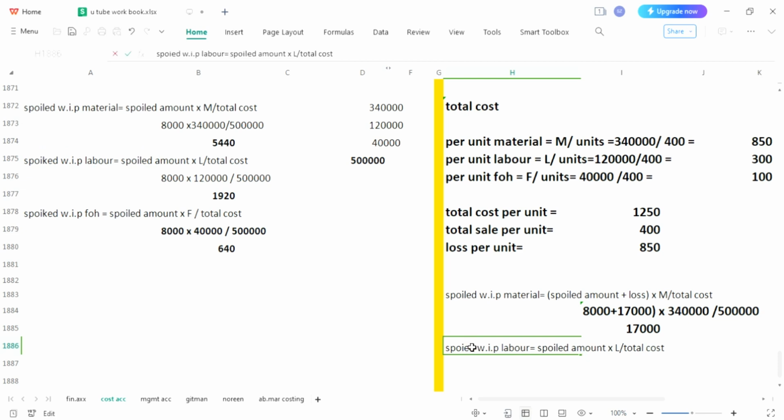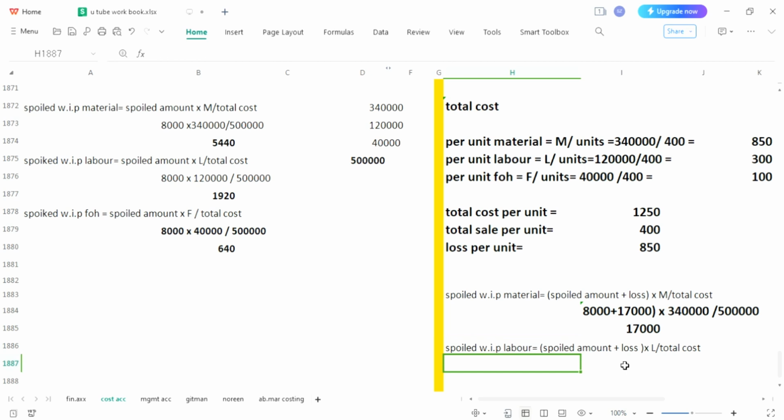Spellings are not that important, and here we will change our formula as we have changed earlier. There you will add your loss as well. Spoiled amount would remain the same. Loss was 17,000.